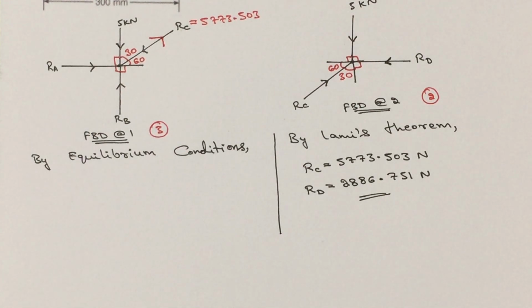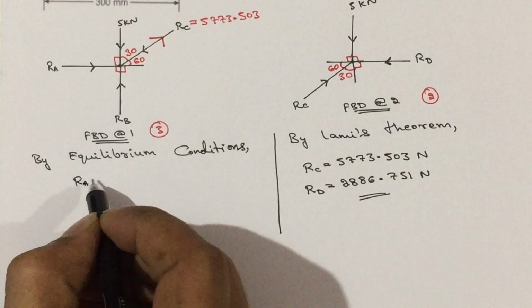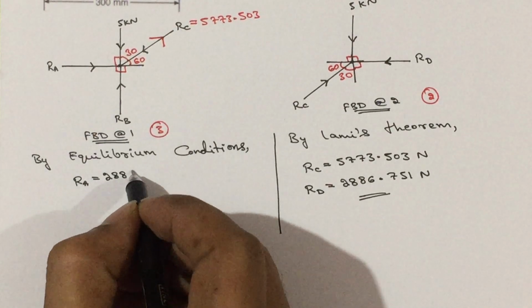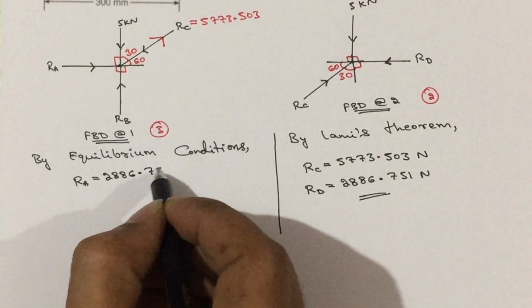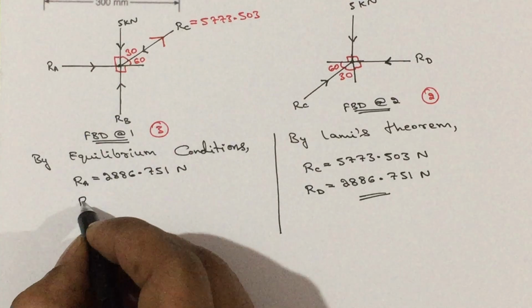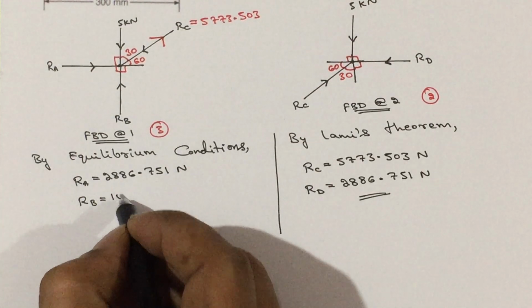Upon applying the equilibrium conditions, you are going to get RA and RB. RA you will get as 2886.751 Newton. Then RB you are going to get as 10,000 Newtons.